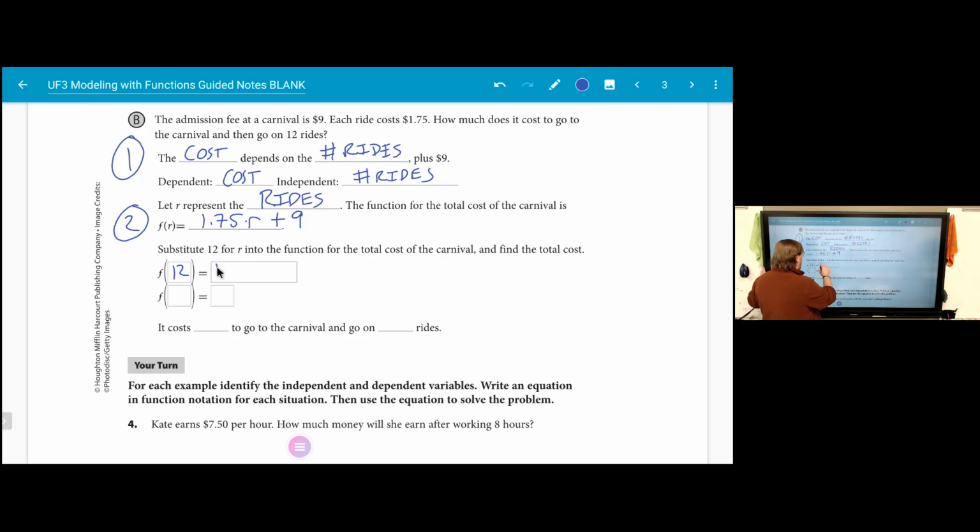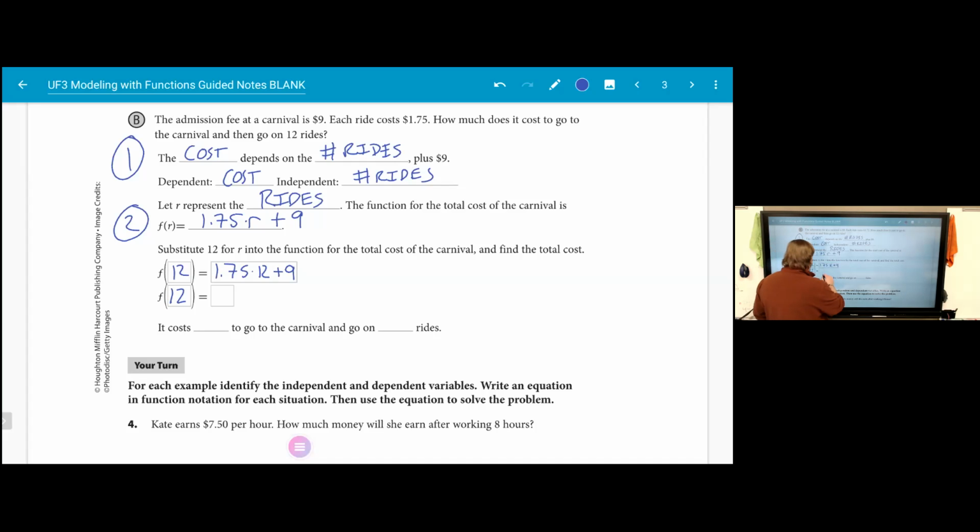F of 12 equals 1.75 times 12 plus 9. Okay, so we need to simplify. It's still the f of 12, and 1.75 times 12. So what is 1.75 times 12? That would be 21.